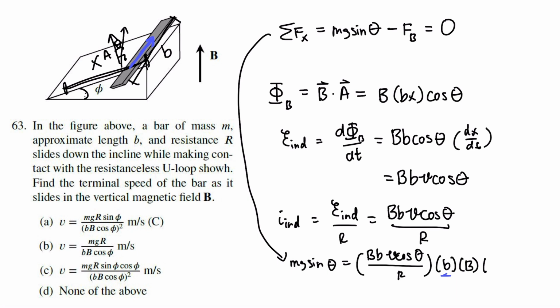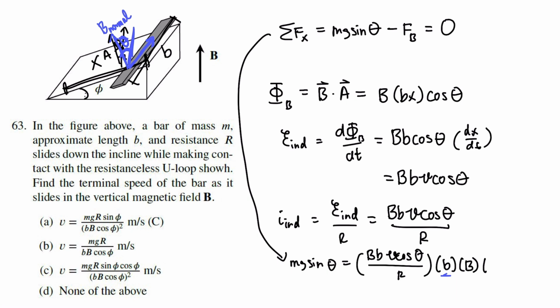So in essence, the magnetic field is going upwards like this. We need to consider the component that's normal to the length vector, or to the current vector. You can almost think of it that way, even though current technically isn't a vector. I'm just going to call it that, just for clarity's sake. So the angle between these two is also theta.